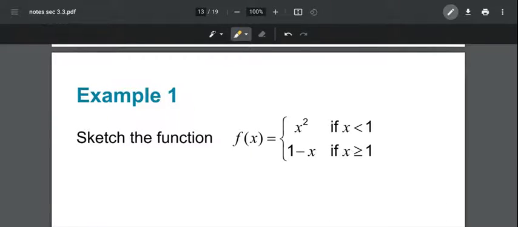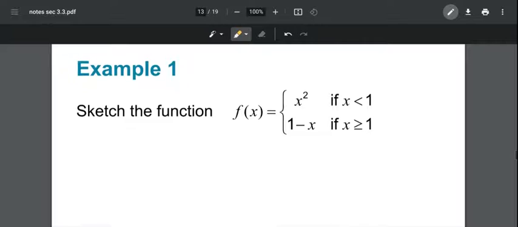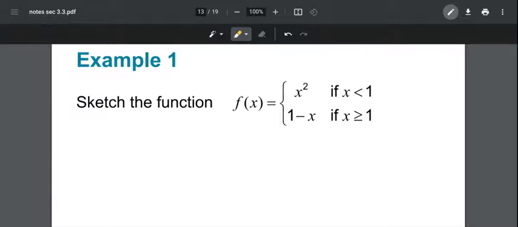Example 1. In example 1, we need to sketch the graph of a piecewise defined function. We have two pieces here. We have a quadratic function, and this quadratic function only will work for x less than 1.